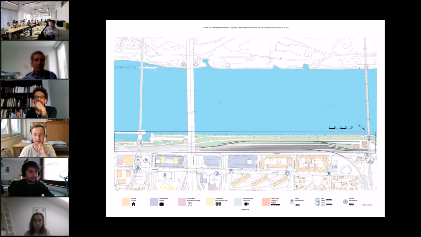Hi, my name is Joel, and I will tell you something about the infrastructure of our area. In orange, we had the housing area, different types of flats and local housing. In blue, we had the offices and the business area.